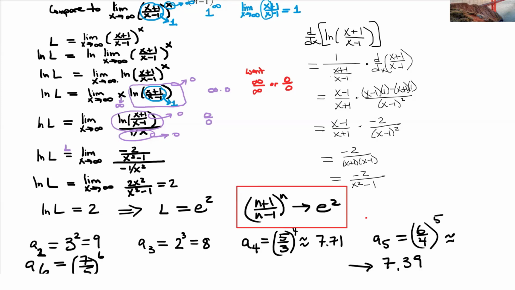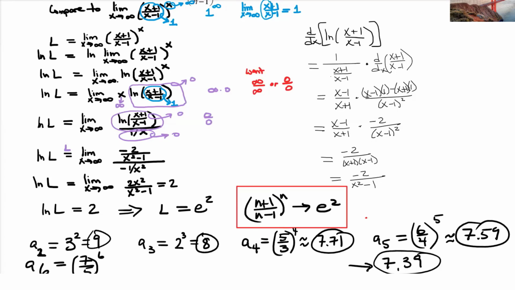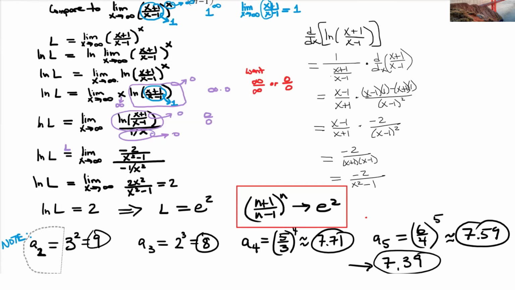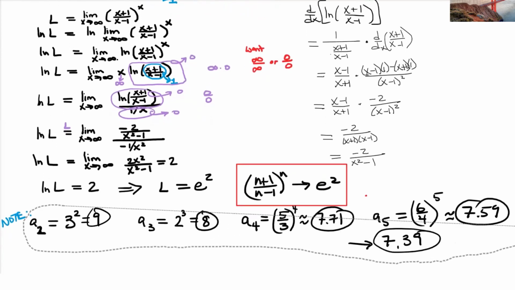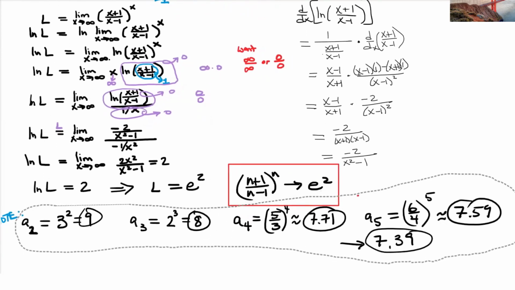Yeah, 7.59. That's better. So you can see we went from 9 to 8 to 7.7 to 7.59, and apparently it's approaching 7.39. So this is just a side note. You don't have to do this to work the problem. I just wanted you to see what the sequence actually is doing.